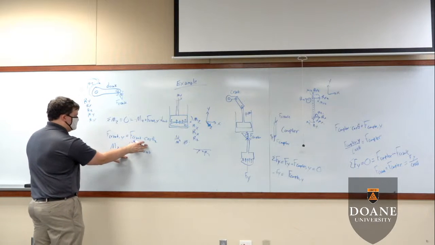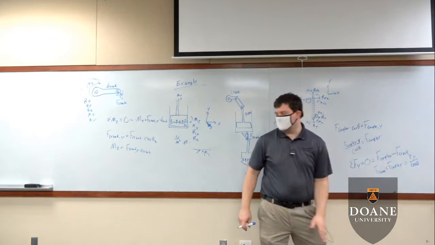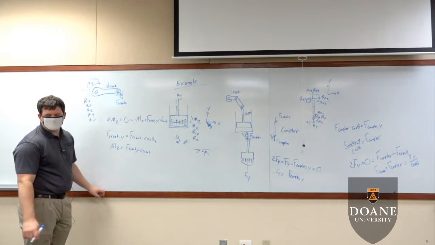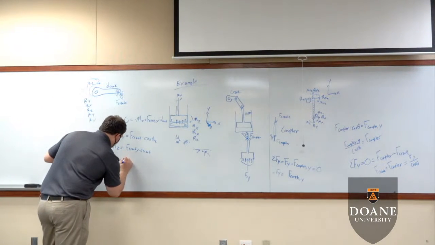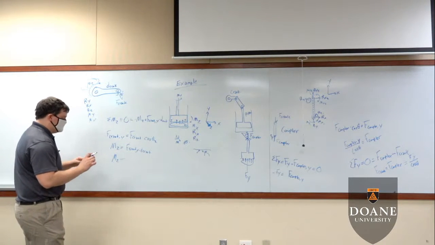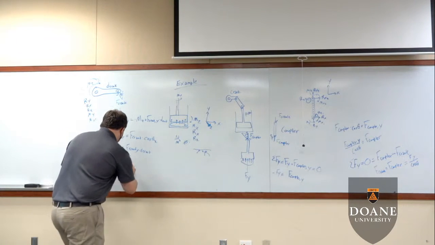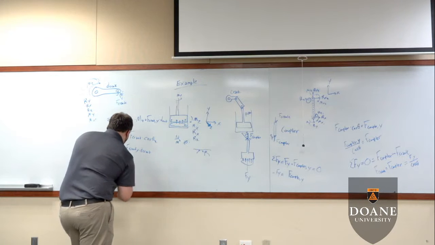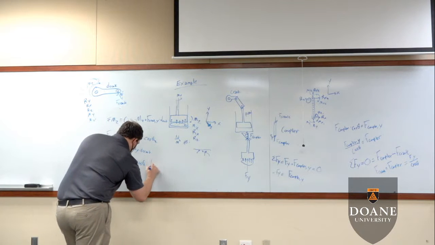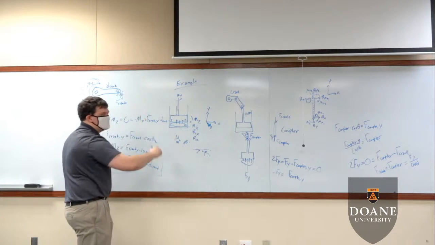I can replace F crank by the equation that I came up with earlier. I'm sorry, I'm running a little long. When I write this out, the output is Fy divided by cosine of theta times cosine of theta 2, times D crank, and that's it. That's my output force.